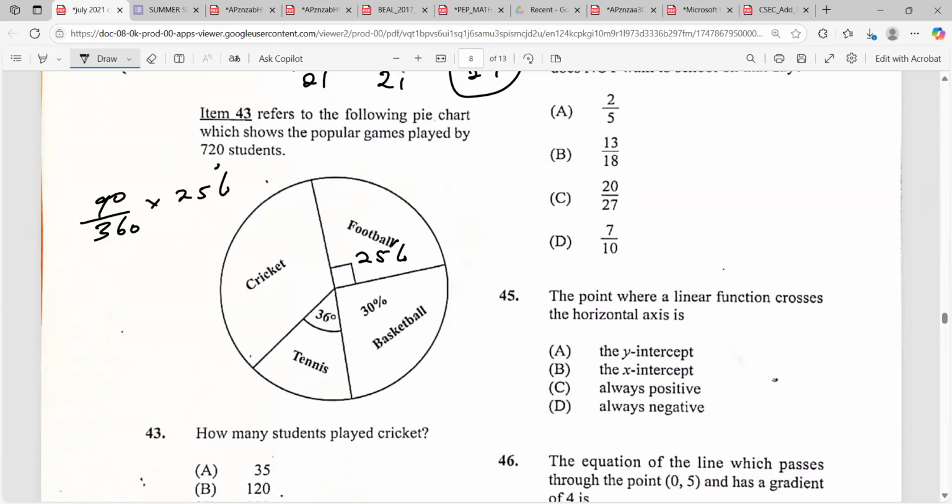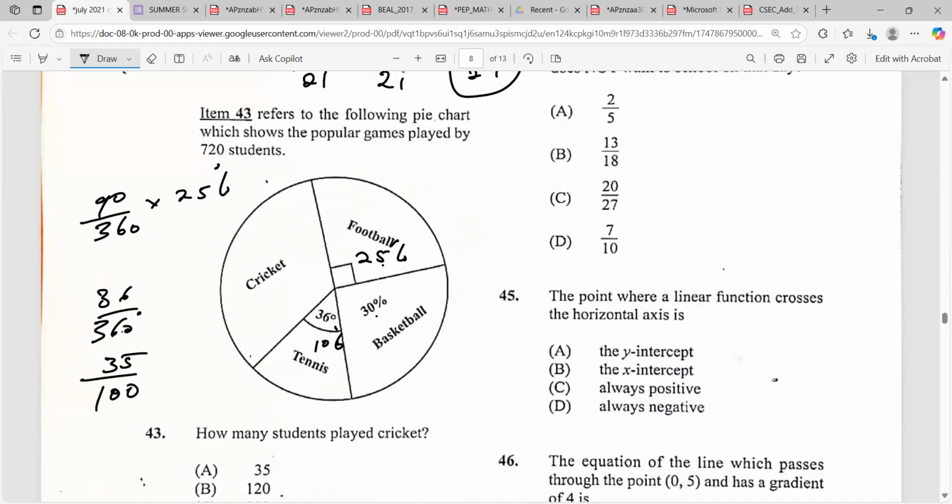In terms of percent, this would be 10%, so it's 36 over 360. So it means that this is 10 and 25, 40, 65%. So the number for cricket would have been 35%, right?